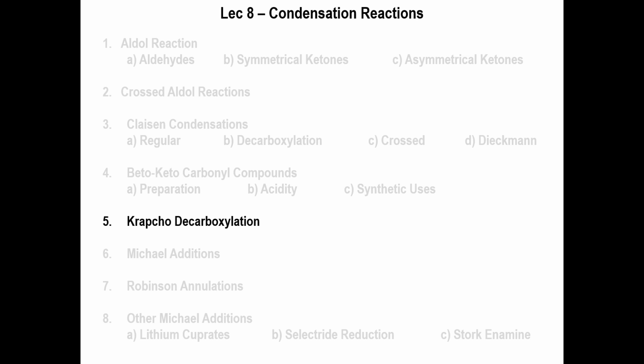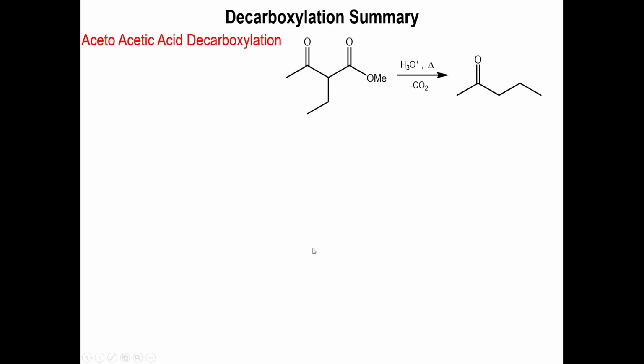And then the last thing that I'll mention before we move on to the next video is the decarboxylation enacted by Krapcho. This researcher did something pretty unique and interesting. So just to highlight how cool this reaction is, first let me summarize the ones that we've seen so far.